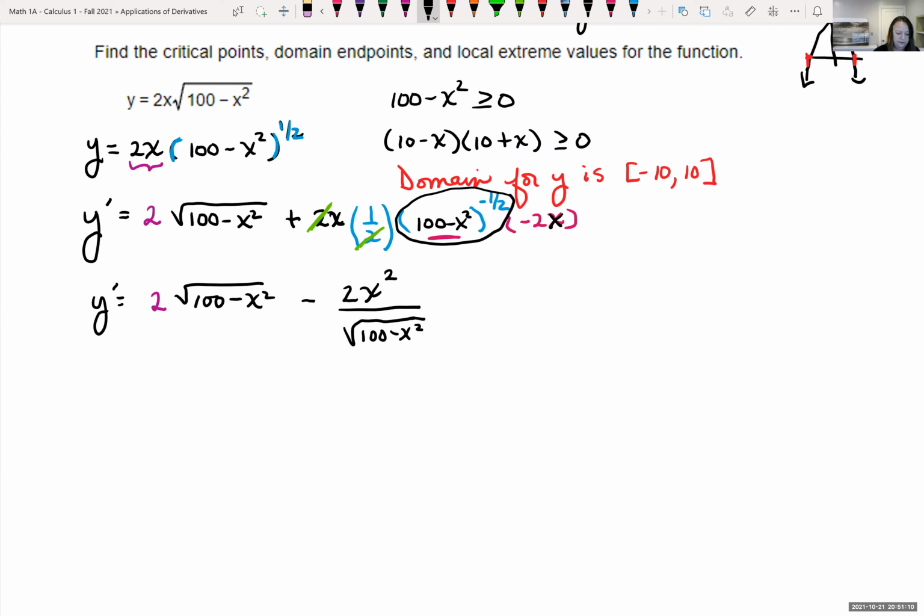I was going to say, let's just rewrite this as a single fraction, but I think we can solve this too without doing that. So this is undefined, right? There are places where this is undefined.